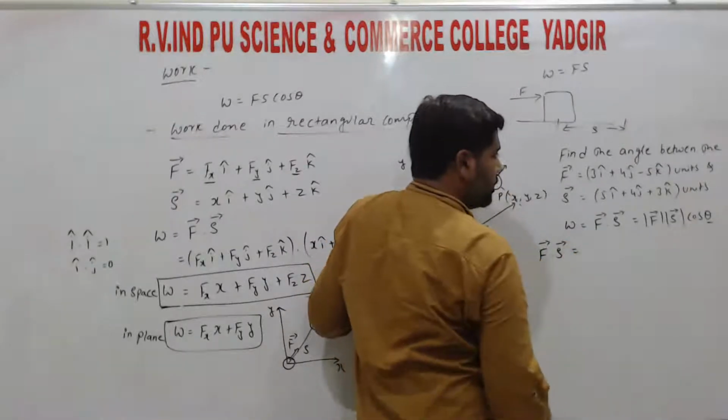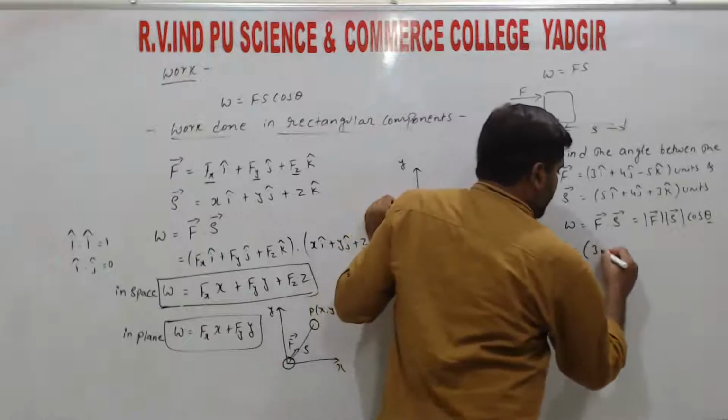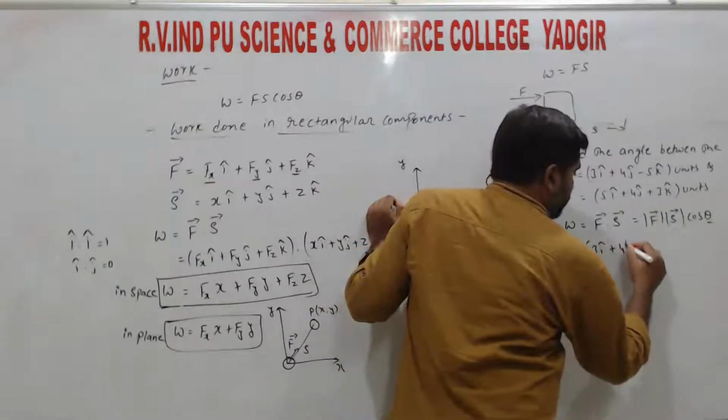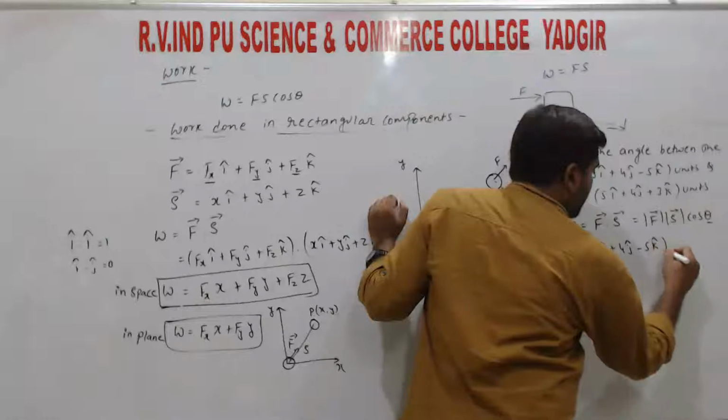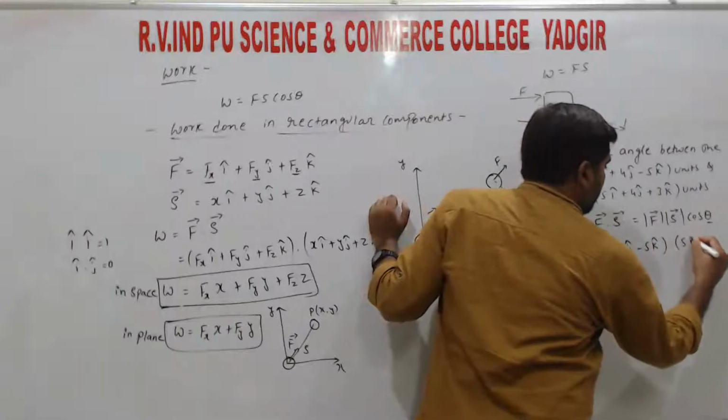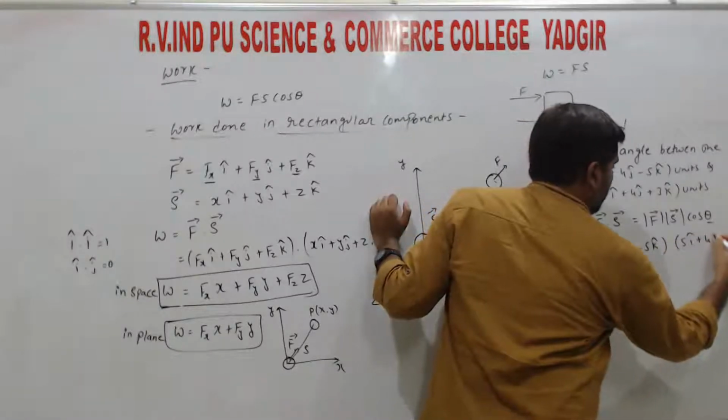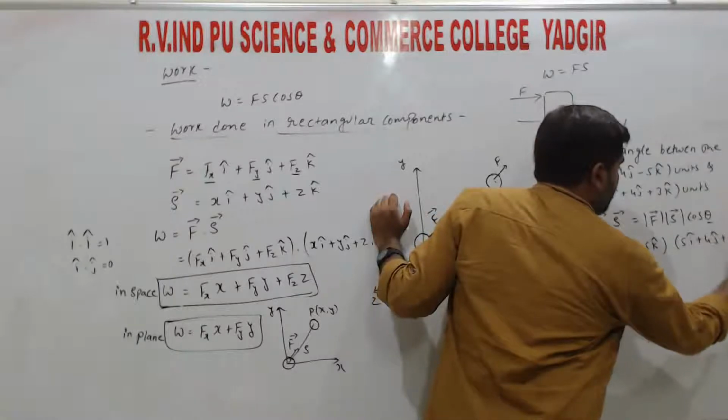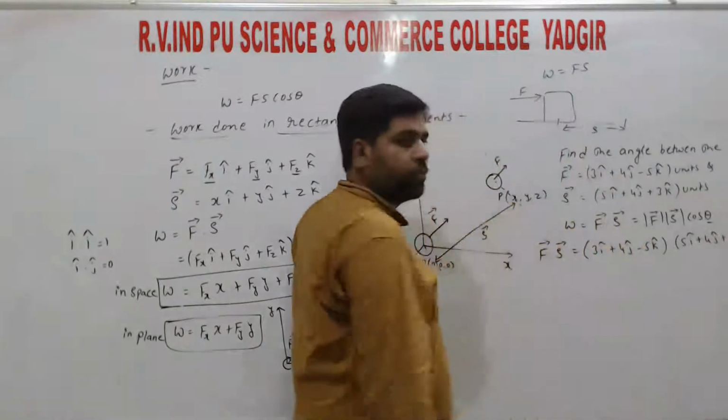So F dot S is equal to 3 i cap plus 4 j cap minus 5 k cap dot 5 i cap plus 4 j cap plus 3 k cap, right?